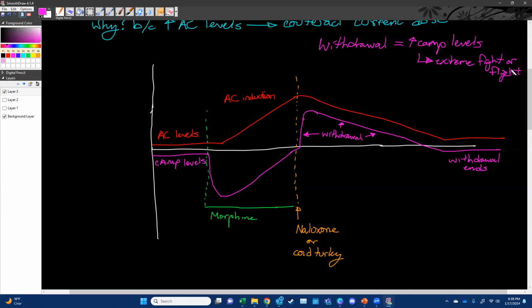Because where do we find increased cAMP levels? Gs-linked GPCRs. What kind of receptors are Gs-linked? The fight or flight autonomic receptors, things like beta, right?